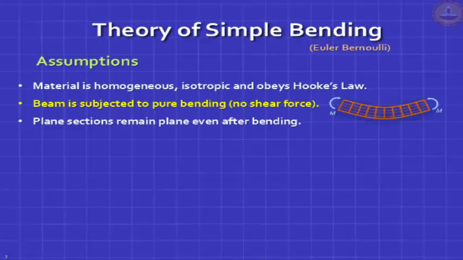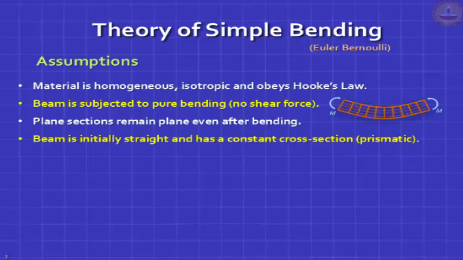The correct assumption should be stated like this: plane sections in an initially straight beam will remain plane even after bending. If there is some shear force in the beam, and that is something you get when the bending moment is not constant but varies along the length of the beam, then you'll find that there will be some distortion which is called warping. We'll also look at warping later.